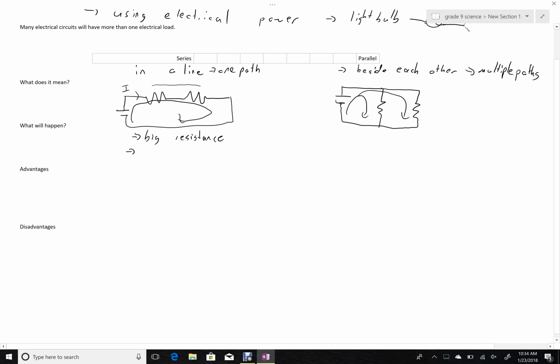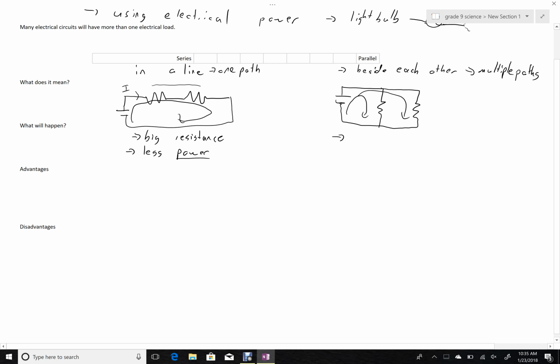This means if these were something like light bulbs, they would get less power. Now this can be a good thing or a bad thing. If you're operating, for example, on a battery, then using less power means that you're going to have a longer battery life. Alternatively, if you're dealing with something like your light bulbs, it might mean that your light bulbs are dimmer or not as bright as you expected them to be.